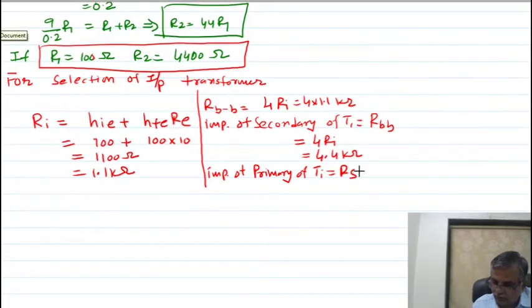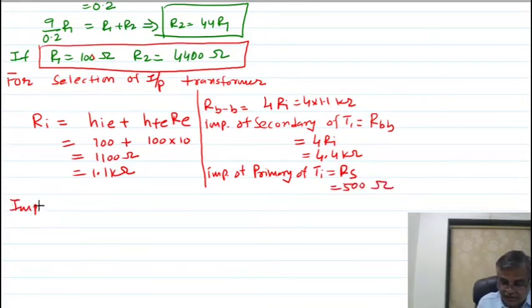Therefore, the impedance ratio of TI should be 500 ohm to 4.4 kilo ohm.